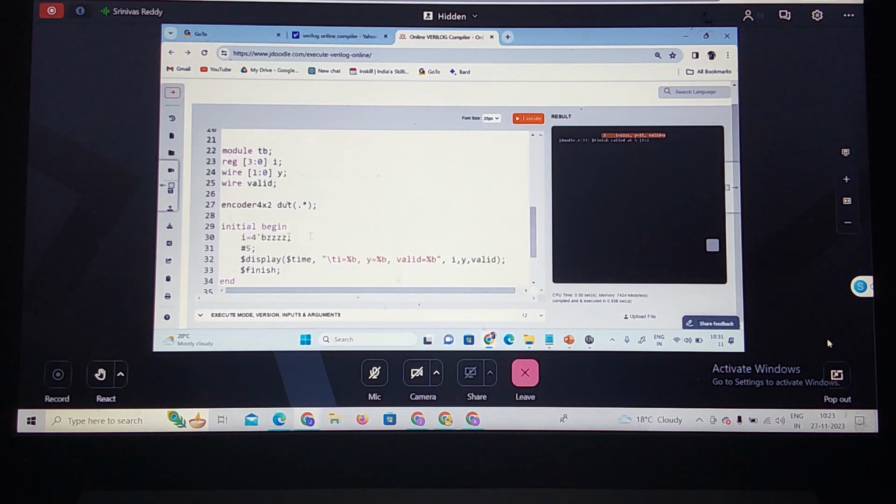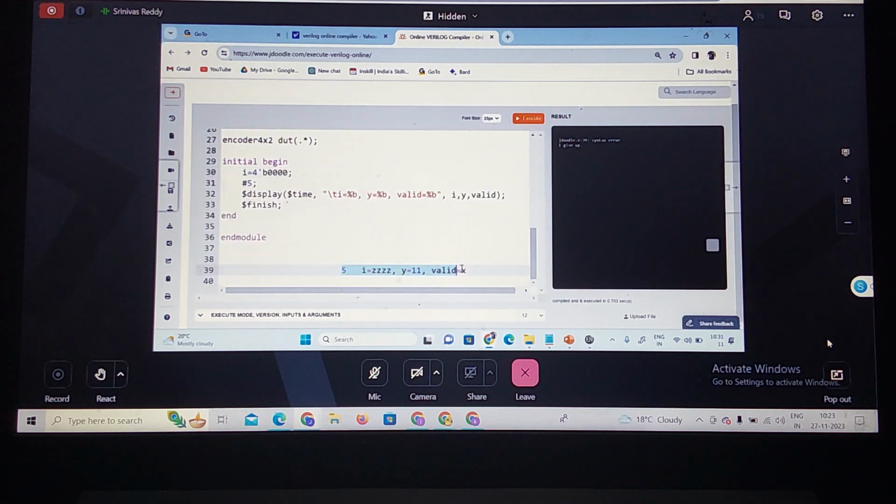If all my inputs are, okay, let me make all my inputs 0. What should this be encoding as? Y is nothing but X. It has removed this line. So then Y became X. Valid became 0.